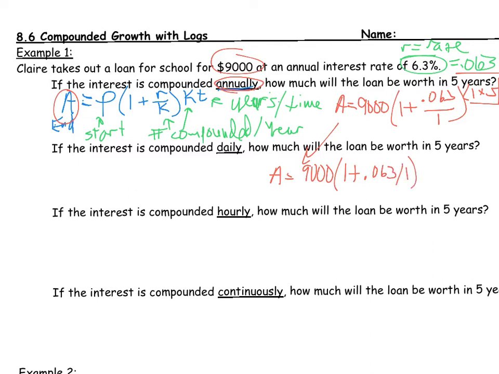You don't have to divide by 1, but I want you to practice that so you can get used to it. I would multiply these. 1 times 5 is 5. Just use your caret key and then 5. And then hit enter. And then I'd love somebody to tell me how much they have after 5 years, to make sure we're all on the same page here. I'm going to plug it into my calculator too.